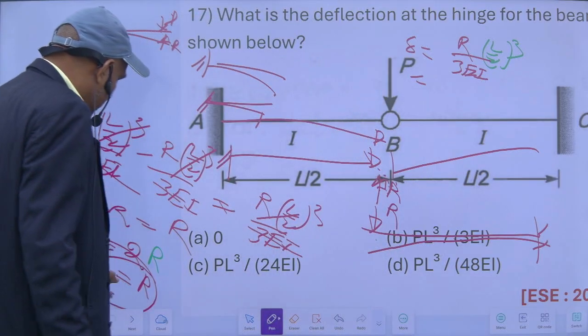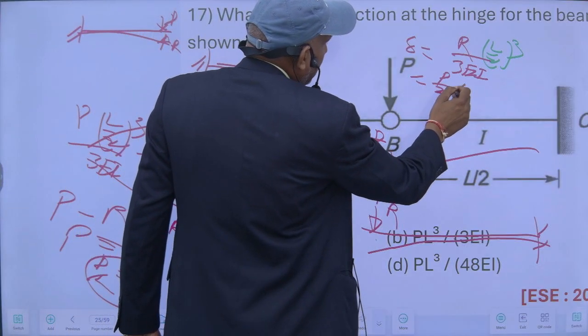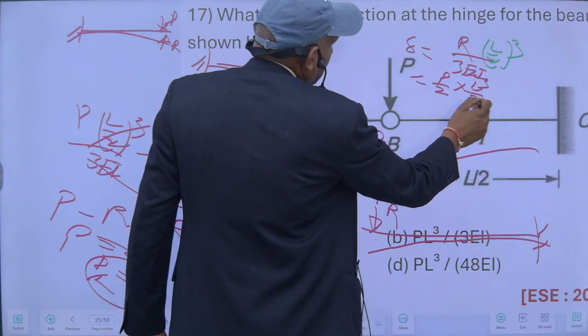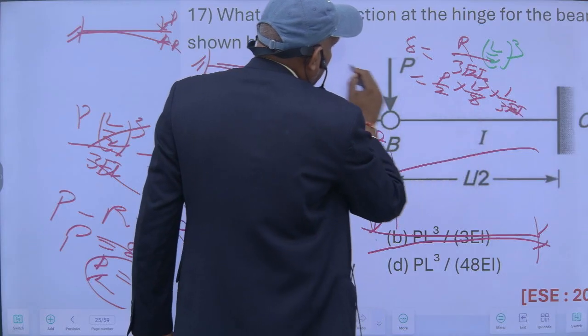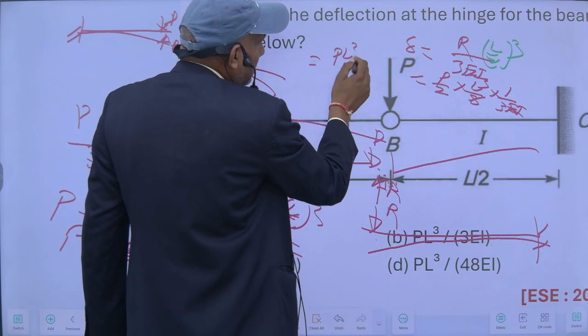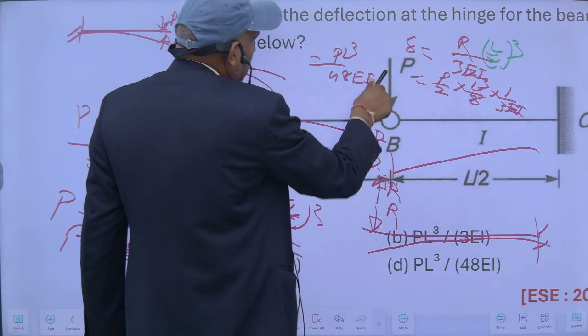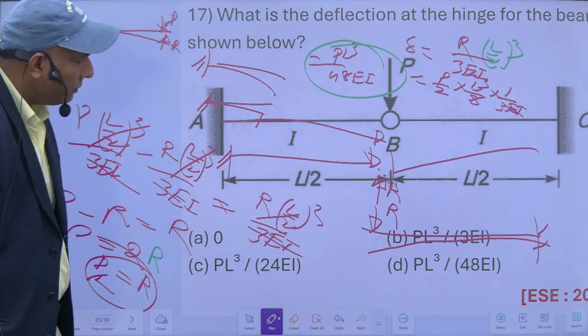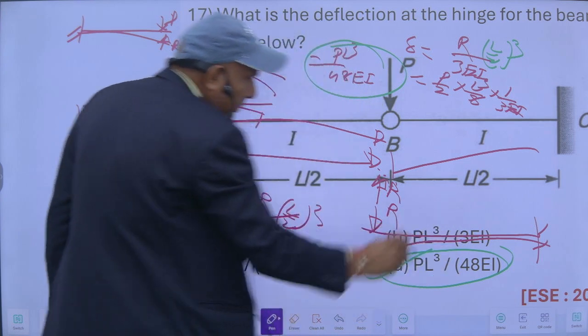R is equal to P by 2, so this is P by 2 into L cube upon 8 into 1 upon 3EI. So it will be PL cube upon 48 EI. PL cube upon 48 EI is the answer.